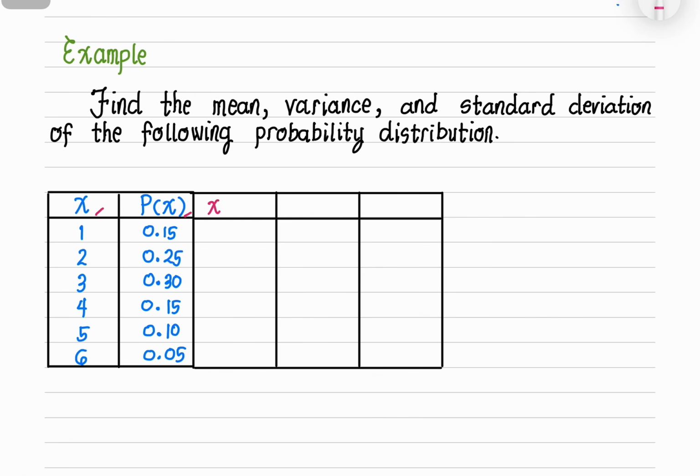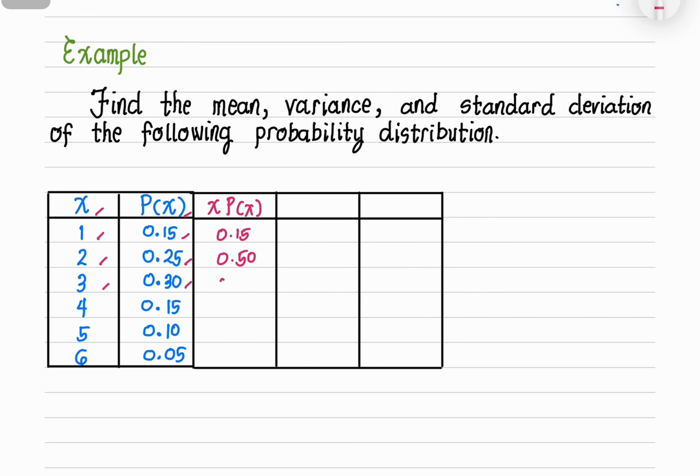So it will become x times p of x. So meaning, ipagmumultiply lang natin sila. So 1 times 0.15, that gives us 0.15. 2 times 0.25 equals 0.5 or 0.50. Just continue the process.